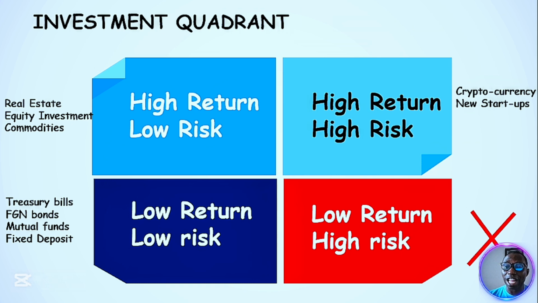For instance, if you are investing in a new startup, the rate at which businesses collapse within the first 5 years is alarming. So that's why you need to understand that the risk is high. And if you are investing in digital assets like cryptocurrency, or giving somebody your money to trade for you in forex, those have high return, but the risk also is high.